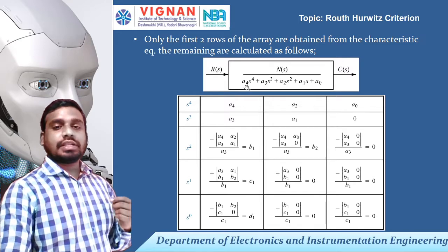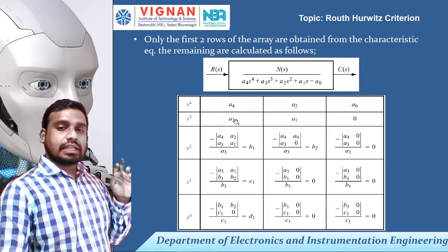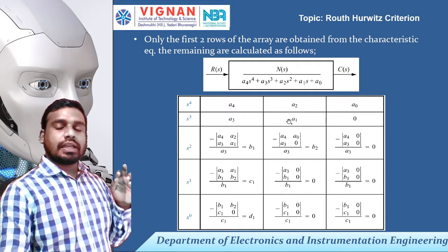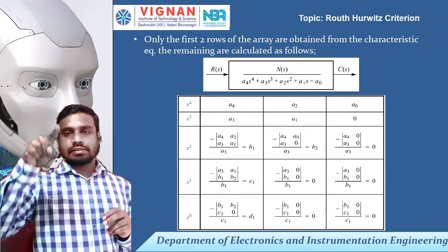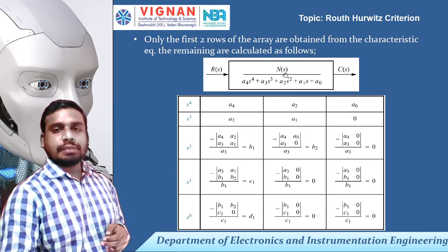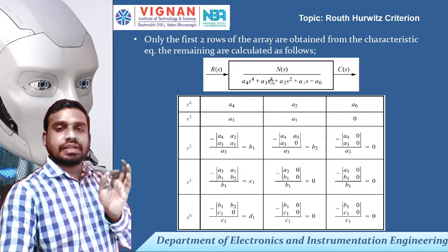So how I mentioned is you need to write A4 and A3 in the second row, then in the first row again A2, then again A1 in the second row, and so on. Just skip the elements in between.